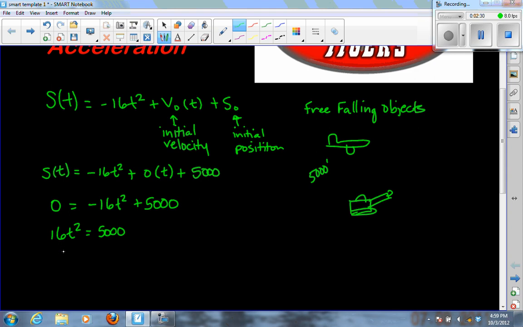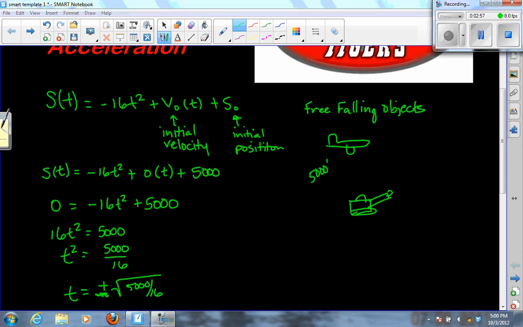Divide each side by 16. And then to find t all by itself, I would take the square root of each side, plus or minus the square root of 5,000 over 16, whatever number that is. Now you notice a negative square root for time. I don't need that time value because there's no such thing as negative time, and so I'll just ignore that and I'll just use the positive value.